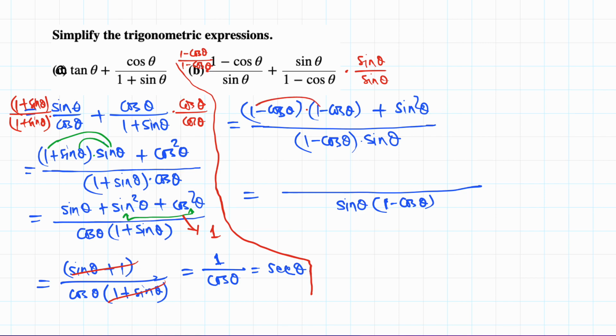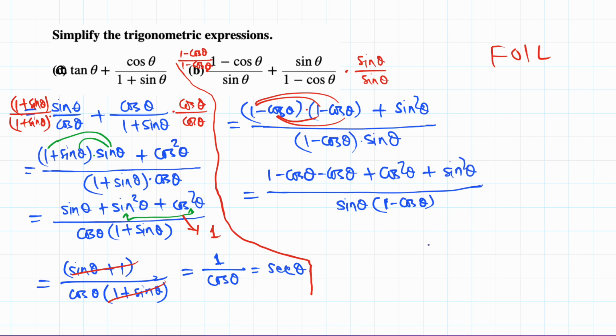You multiply first terms, outer terms, inner terms, last terms. So 1 times 1 is 1, 1 times negative cosine is minus cosine, negative cosine times 1 is minus cosine, and negative cosine times negative cosine is plus cosine square theta, plus we got sine square theta there.